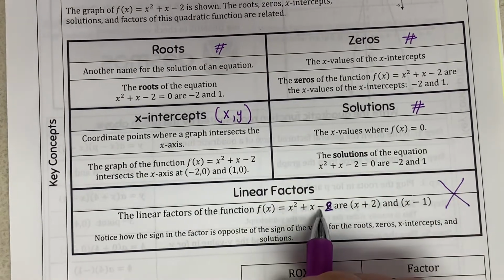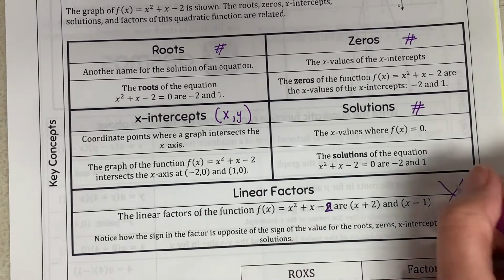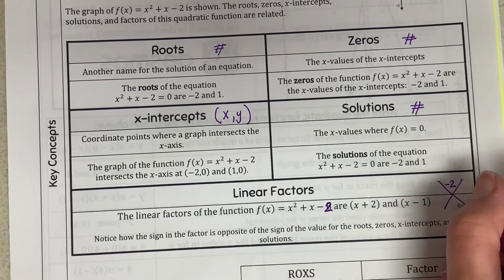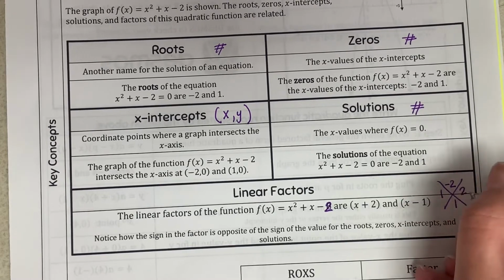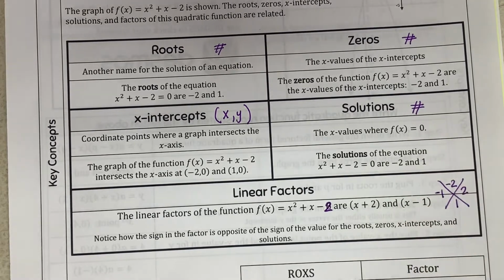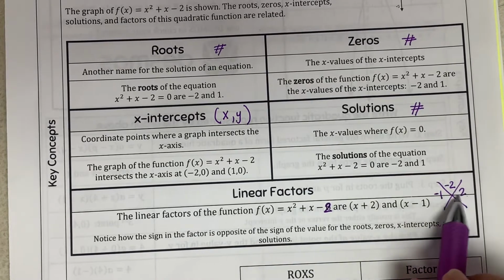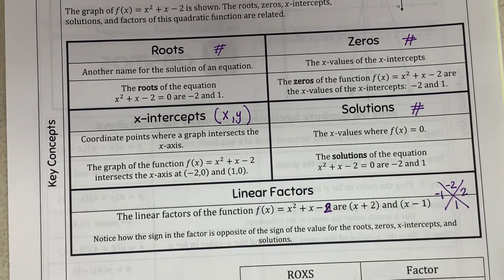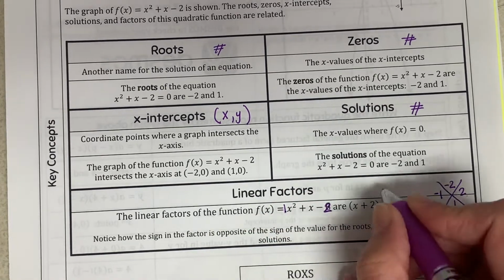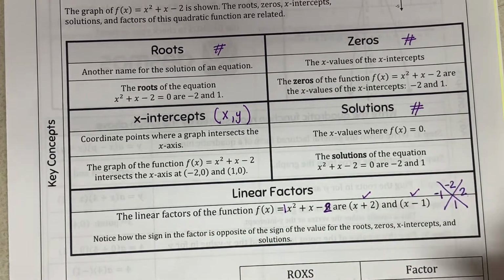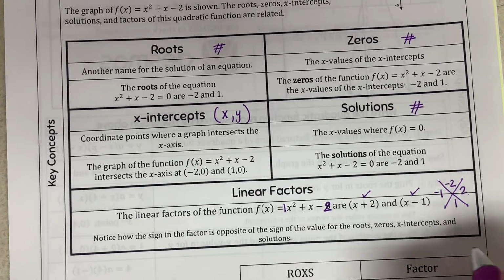The factors for these equations were, it's negative 2 on the top and 1 at the bottom. So these were my two numbers that I needed. And I would write my factors. So my factors are basically x plus 2 and x minus 1. So these are my factors.